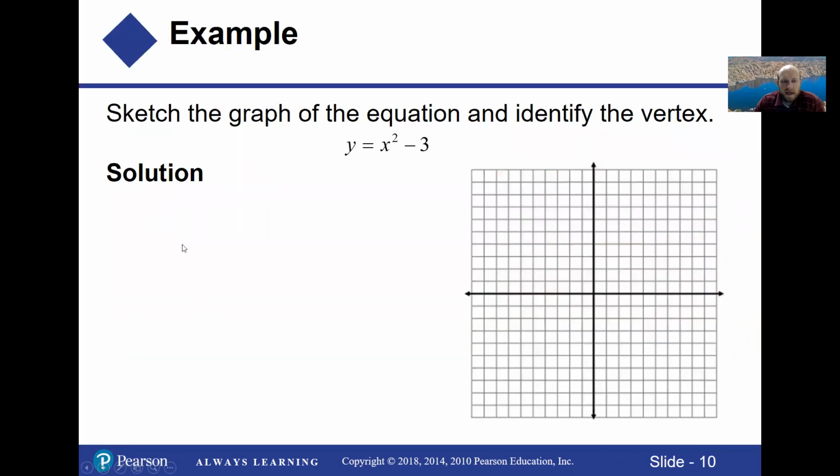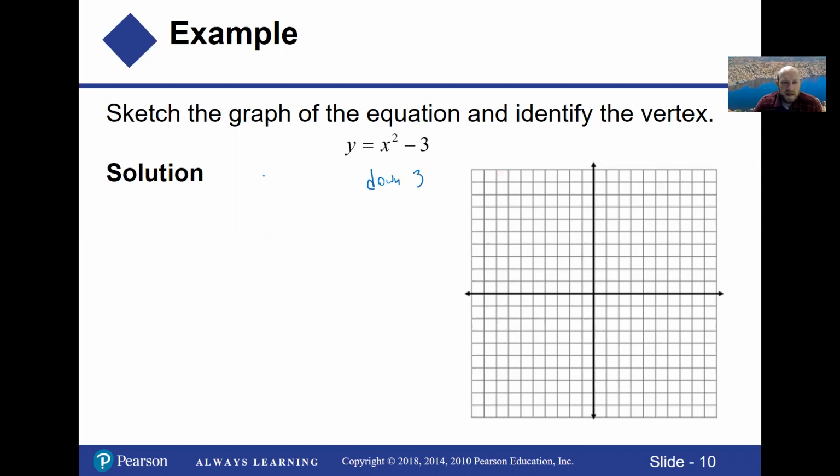So if I needed to sketch the graph of y equals x squared minus 3 and identify the vertex, before you sketch it, I want you to ask what is actually happening here. The minus 3 sits outside of the x squared, there are no parentheses, so it's going to shift down 3.